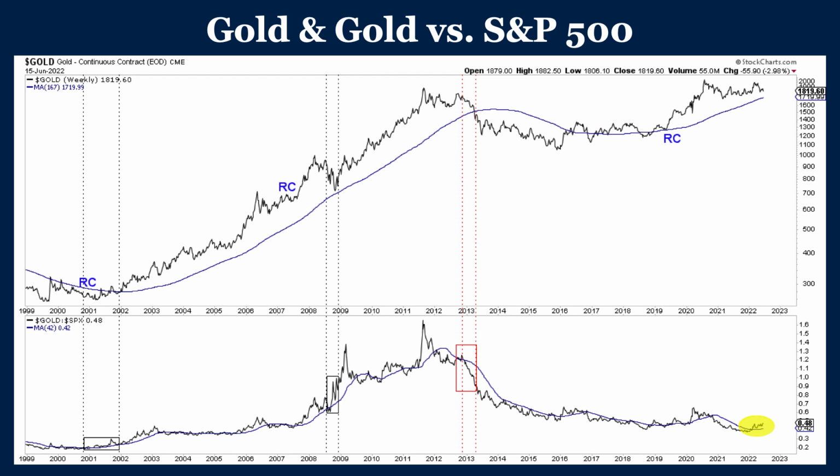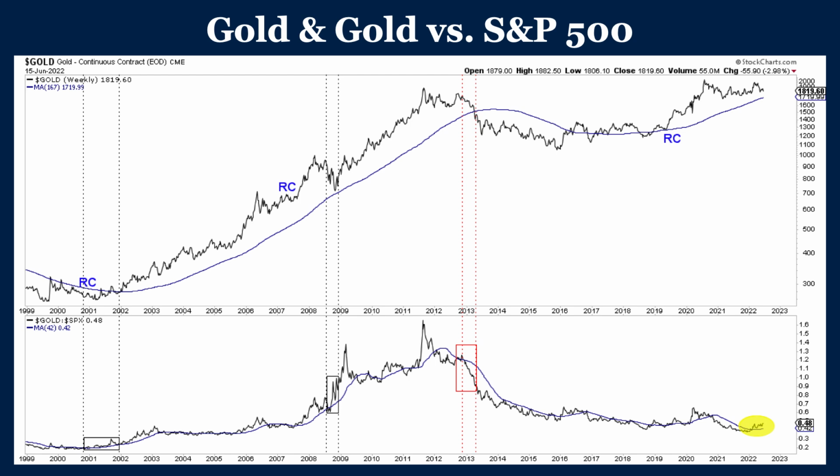But look at the box there. That's when gold strongly outperformed the S&P 500. That didn't take away the pain that came in September and the beginning of October, but it was a sign of what was ultimately to come. And that was a huge bull market in precious metals and juniors. So very good sign there.